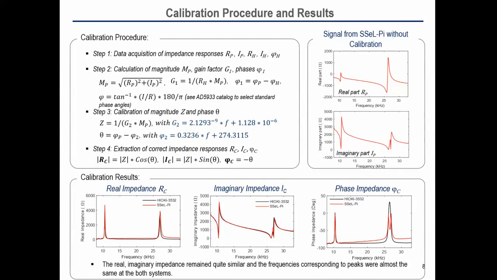The first is to collect the original data. Second is to calculate magnitude, gain factor, and phase. The third is to calibrate magnitude and phase based on the signal from the Hioki. And finally, extract the correct impedance response. The figure below shows the calibration result of real, imaginary, and phase impedance. Only the real impedance is used in this study to quantify damage.